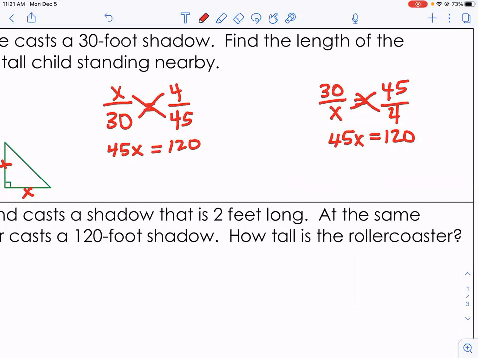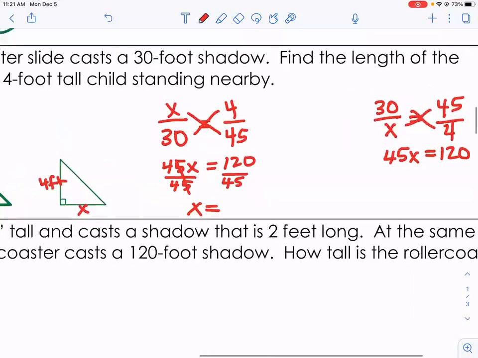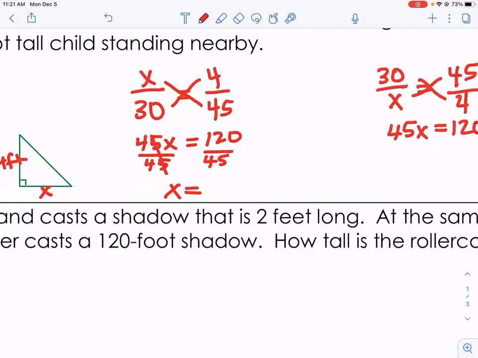So 45x equals 120. When we divide both sides by 45 to get x by itself, how long is the child's shadow? 2.6.